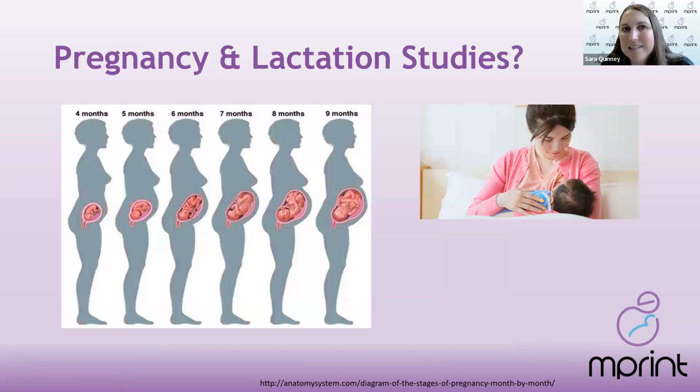So pregnancy and lactation studies historically have most of the data, at least in pregnancy, from a single time point during pregnancy. Some studies have gotten data from the pregnant individual at various time points, maybe 3 or 4 times throughout pregnancy, and then postpartum.